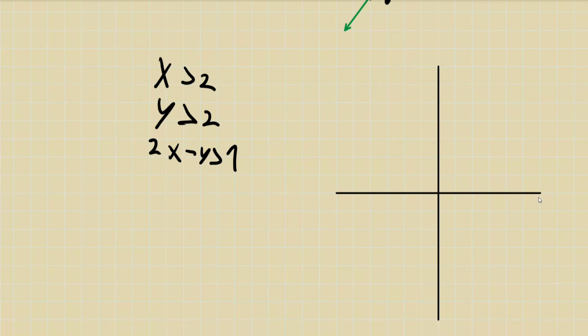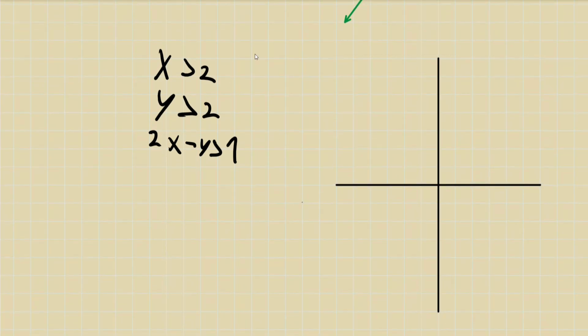So here we have our coordinate plane, and let's start off by graphing this one. We know when x is constant, we're going to have a vertical line. Let's go here. This is 1, and here is 2. And of course, we should do a dashed line because we don't have an equal sign right here.